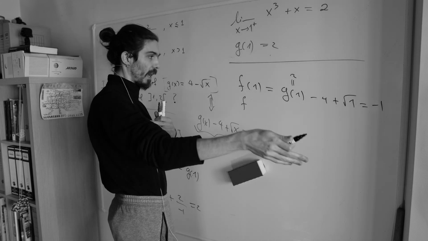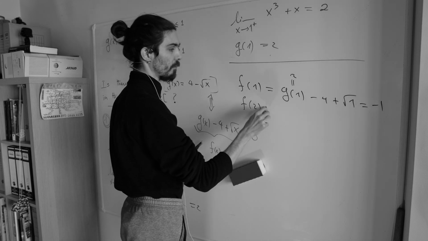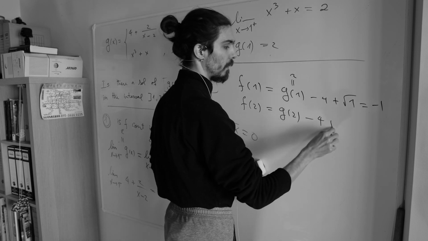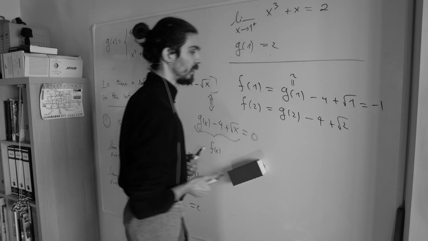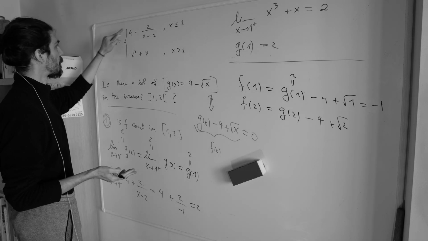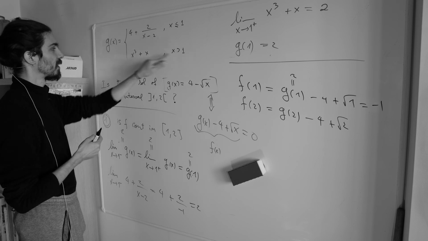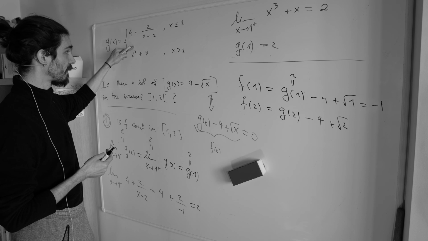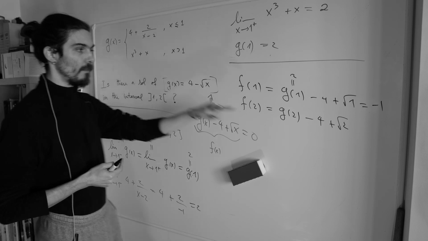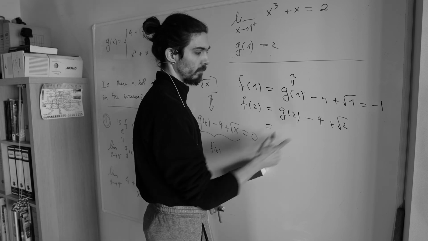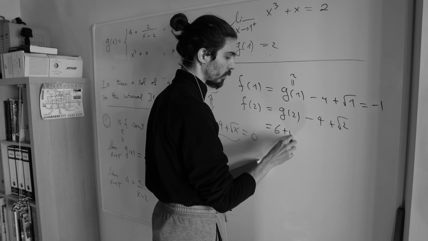And at the other endpoint, we have to compute f of 2, which is g of 2 minus 4 plus square root of 2. But what is g of 2? Which branch do we use, the first or the second? 2 is larger than 1, so we use the second. So we have 2 cubed, which is 8, plus 2 is 10. 10 minus 4 is 6. 6 plus square root of 2.